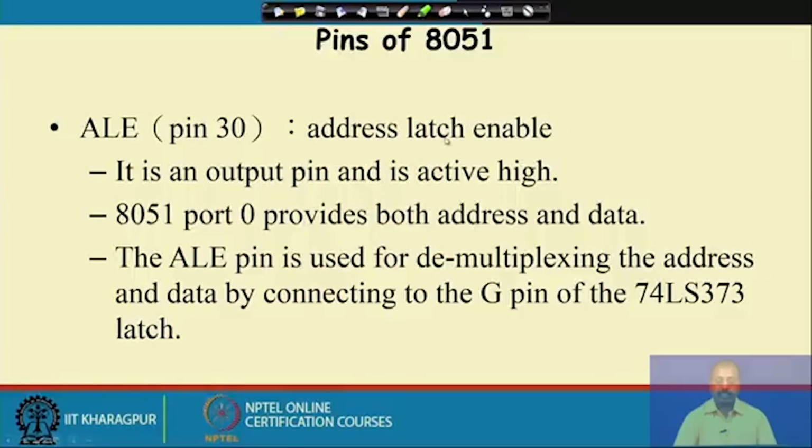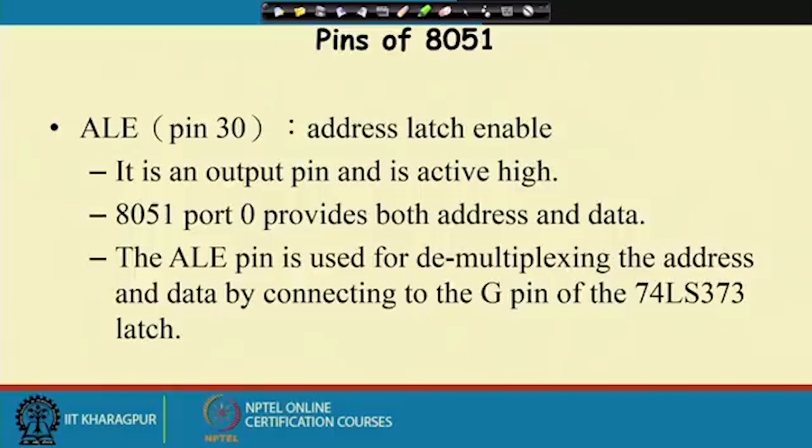ALE is the address latch enable, just like in 8085. It is an output pin and active high. Port 0 provides both address and data, and ALE is used for demultiplexing the address bus, just like the demultiplexing we did for 8085.